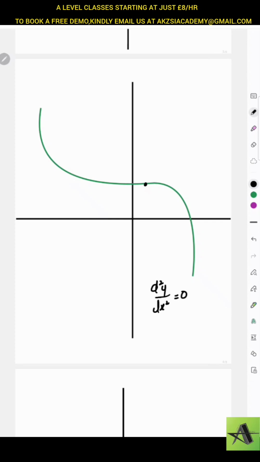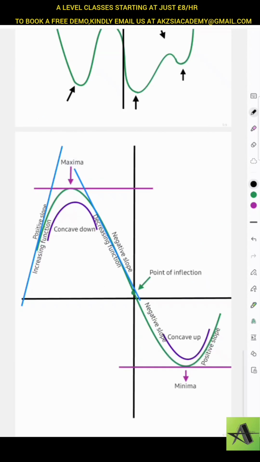But at the same time, this slope is also 0, because if I draw the tangent at this point, I can clearly see that it is parallel to the x-axis and it's 0, which means dy over dx is also 0. We can clearly see that this function is increasing here and has a positive slope, whereas at this point, this is a decreasing function and it has a negative slope.